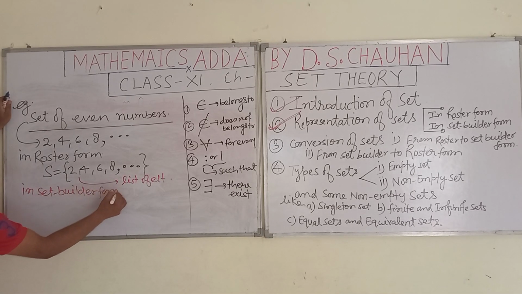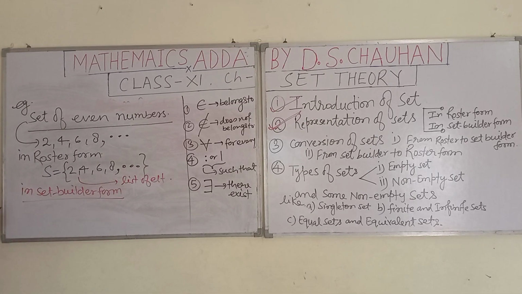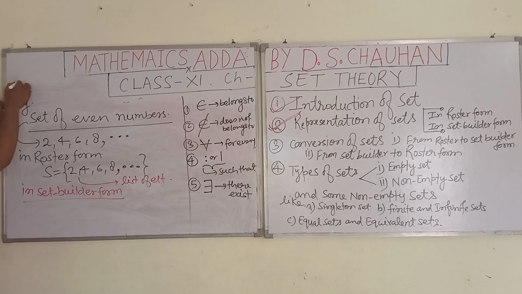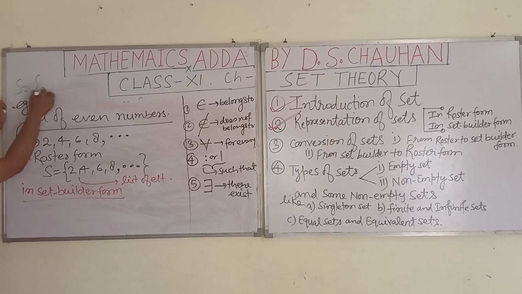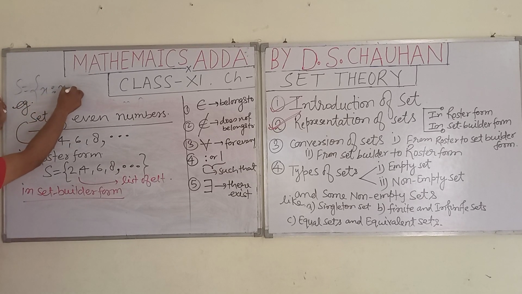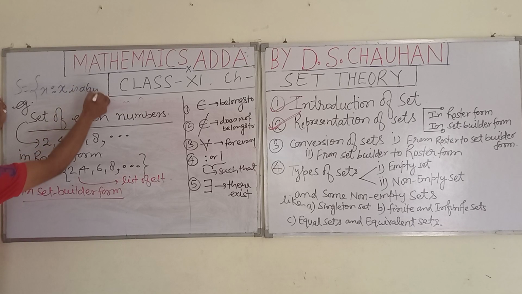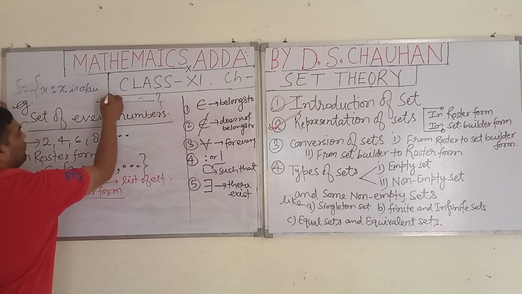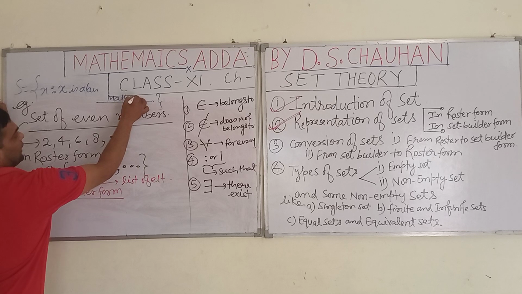I am telling you, in set builder form, I have told you the formula, like S equals x such that x is a natural number, and here we write the mathematical statement.